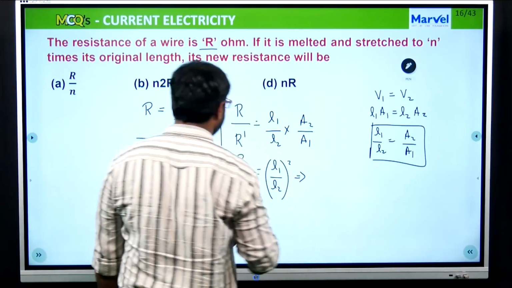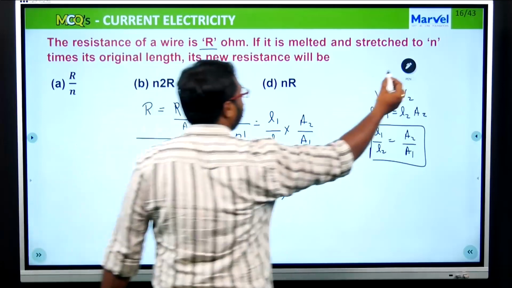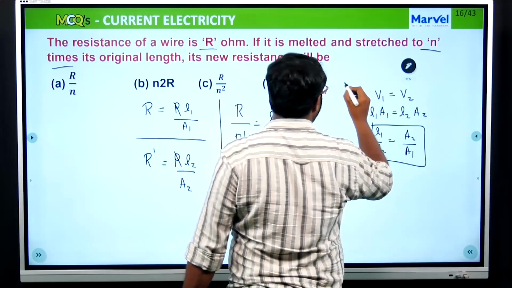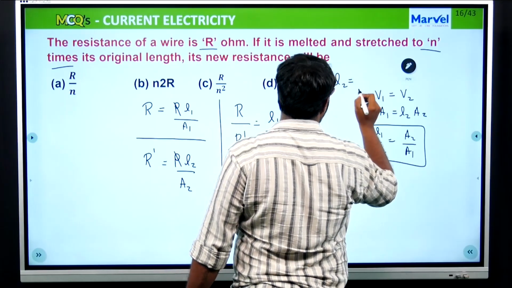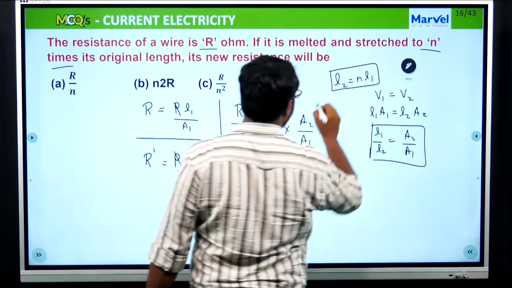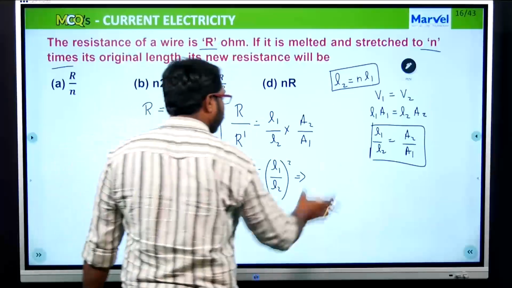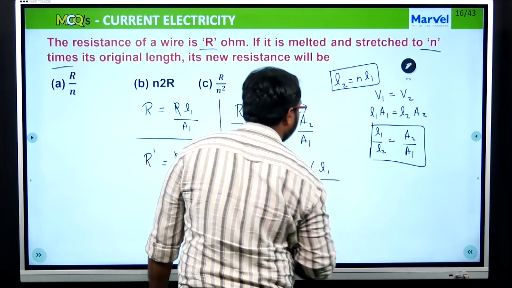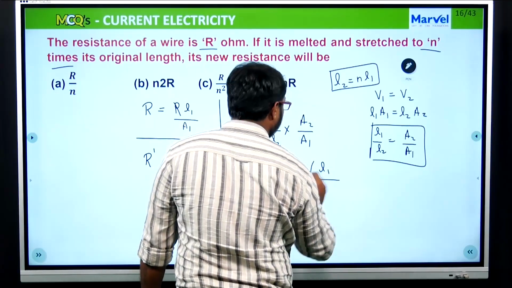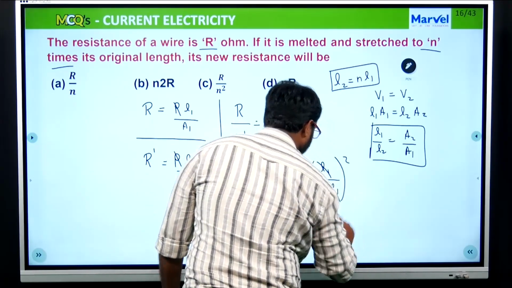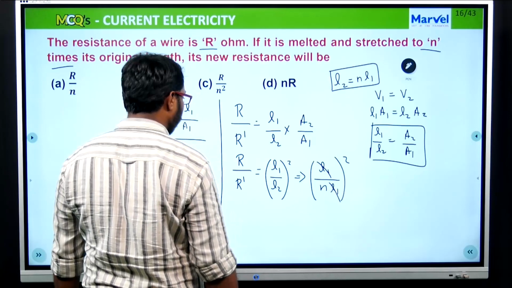It has been said that it is going to get stretched by n times. So L2 is equal to n times L1, is what they are telling me. I will use that same relationship here. So L1 by n times L1, the whole squared, L1 and L2 will go down.